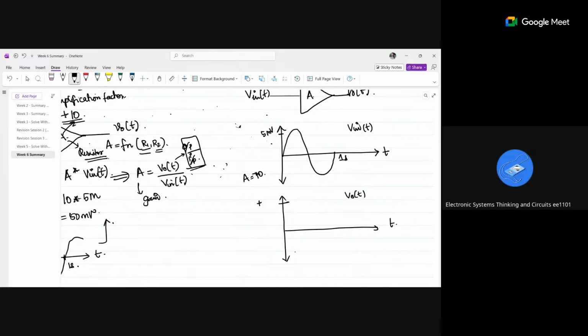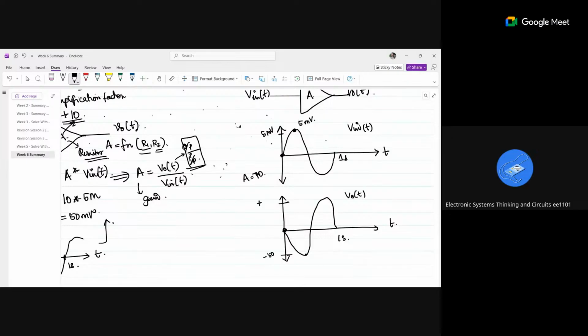So my V out of t: initially it is 0, so 0 into the amplification factor is still 0. The next point I will take as 5 millivolt, so my V in of t is 5 millivolt. My A is minus 10. What will be my V out of t? Minus 50 millivolt, basically 50 millivolt in the negative direction. So the graph will be inverted. Yes, exactly, the graph will be inverted.